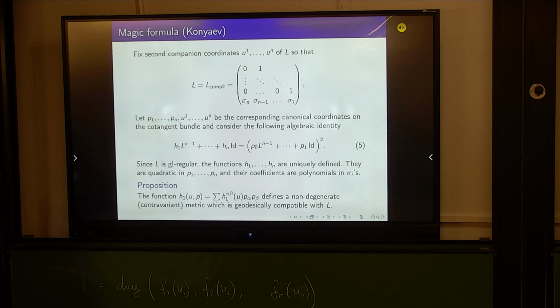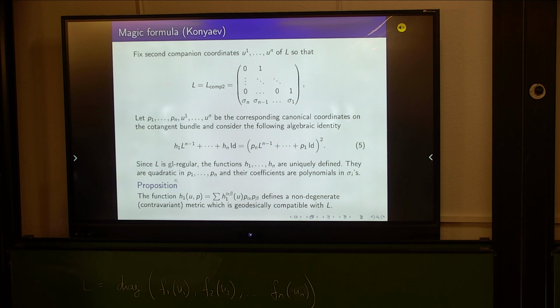Just an identity where p1, ..., pn are momenta, and this identity is written on the quotient bundle. The operator on the right hand side is a certain polynomial in L, so it commutes with L, and since it commutes with L, it's a polynomial in L with certain coefficients, and these coefficients h1 and so on up to hn are uniquely defined, and they are quadratic functions in p1, ..., pn, in momenta.